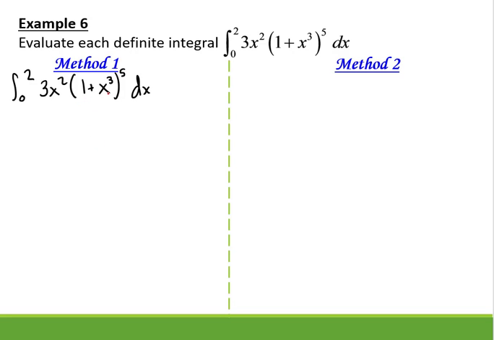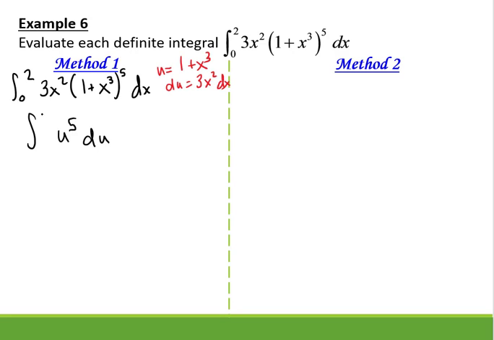Du is 3x squared dx. So this turns into the integral of u to the fifth du. Now notice how I didn't write the numbers because these are in terms of x. So I don't write the numbers, I go ahead and assume that it's indefinite.